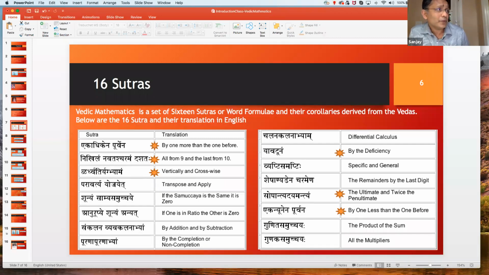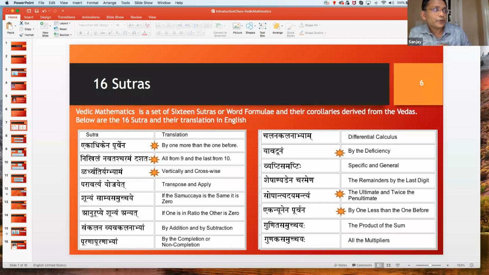This class is limited to these 6 sutras. With Vedic mathematics you can learn calculus, trigonometry, algebra, all kinds of very complex stuff, but this class is very specific to these particular 6 sutras, and all the lessons that I cover are around these 6 sutras.